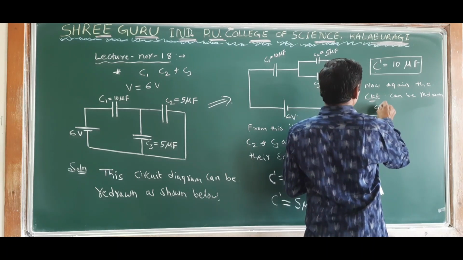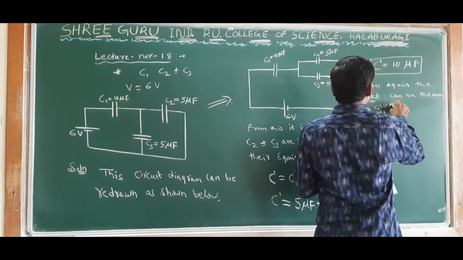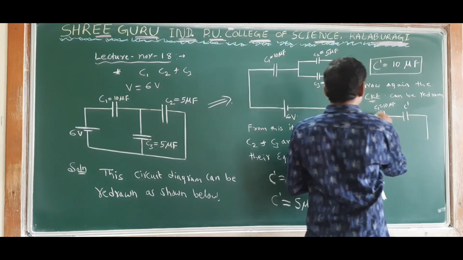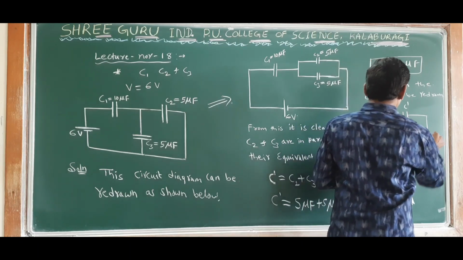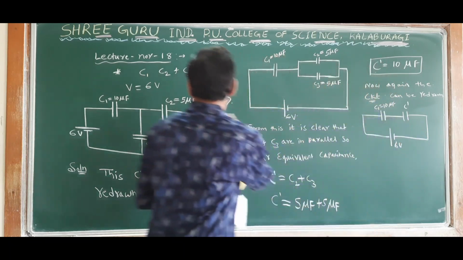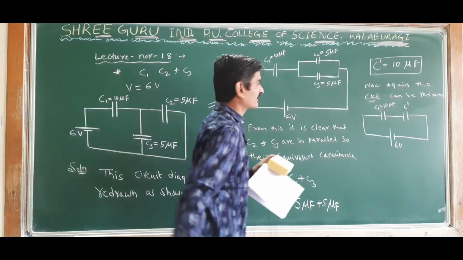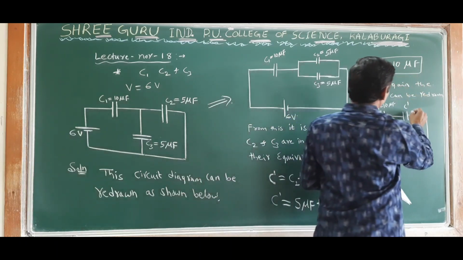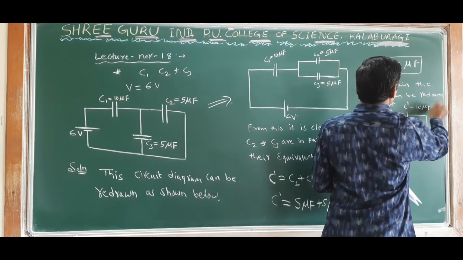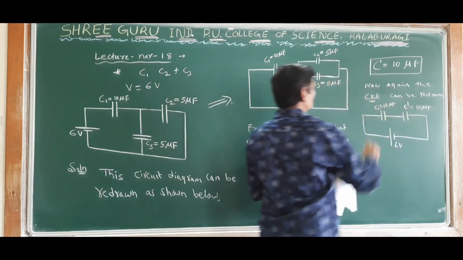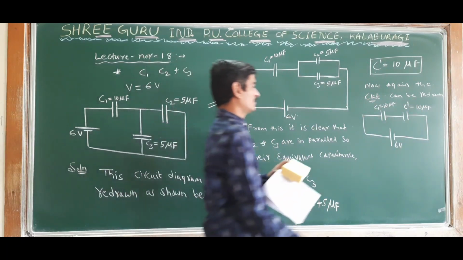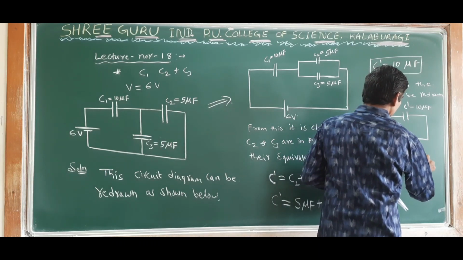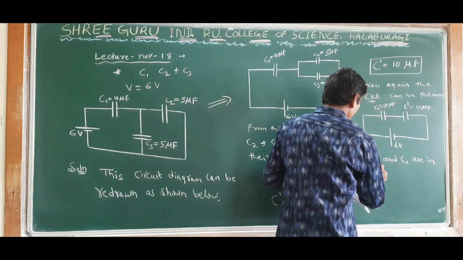This is C1, equal to 10 microfarad, and this is C dash, and both of these are in series with the battery. Now the effective capacitance of C2 and C3 is 10 microfarad, so C dash is equal to 10 microfarad. So C dash and C1 both are in series.